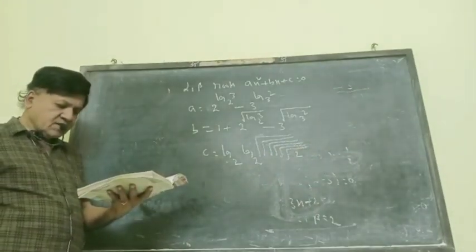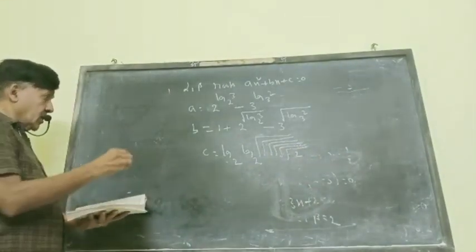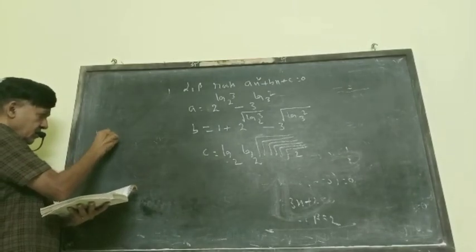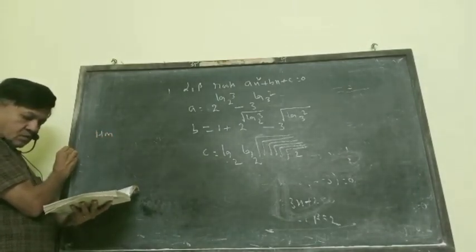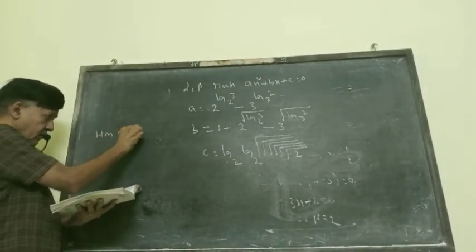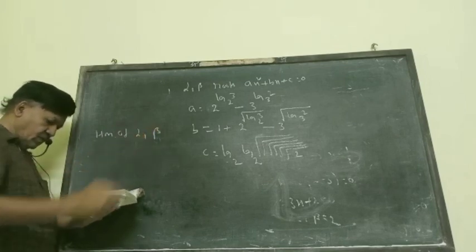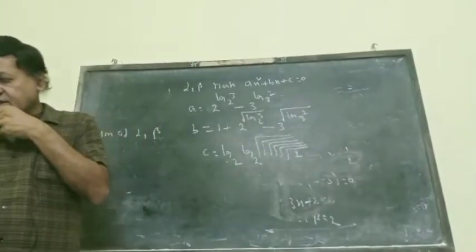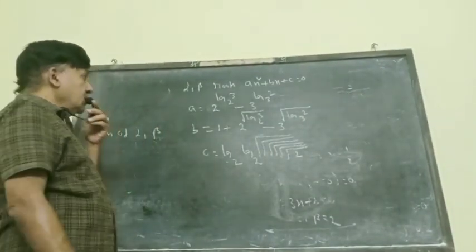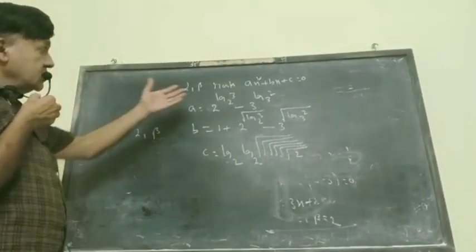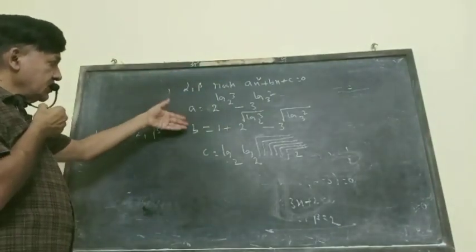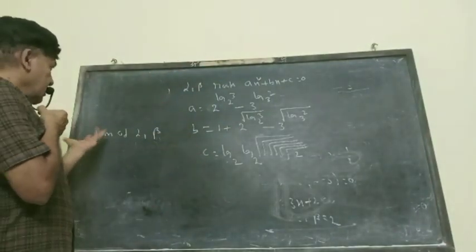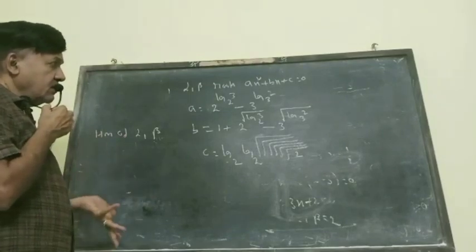C is equal to this. HM of alpha, beta you have to calculate. Alpha and beta are roots of that equation. A, B, C are given by this. You have to calculate harmonic mean of alpha and beta.